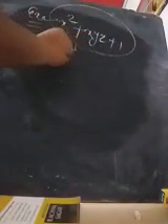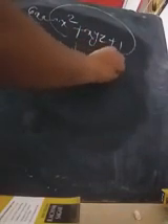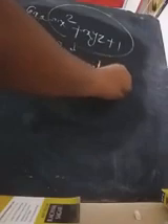So it is a polynomial of 3 variables. The variables are one x, another one y, and another one z, right? It's a polynomial of 3 variables.